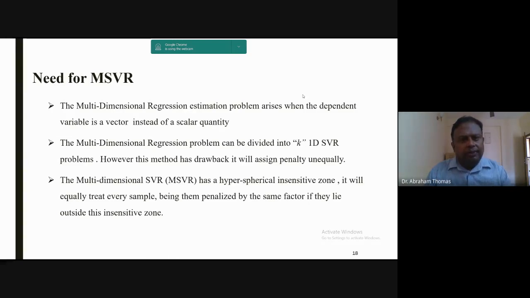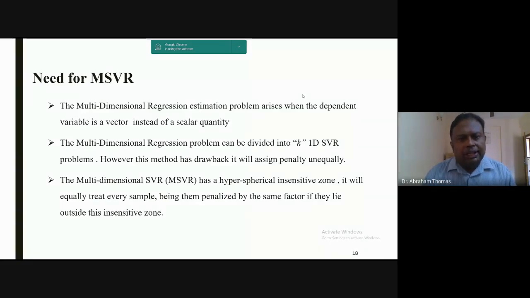So, the need for MSVR: the multidimensional regression estimation problem arises when the dependent variable is a vector instead of a scalar quantity. Typical regression problems are ones in which the output is just a real value. In multidimensional regression estimation, we have a vector of real values, in our case a 200 element vector.